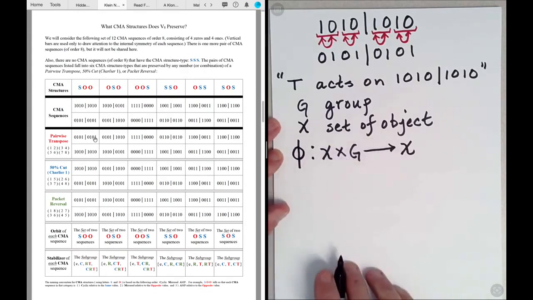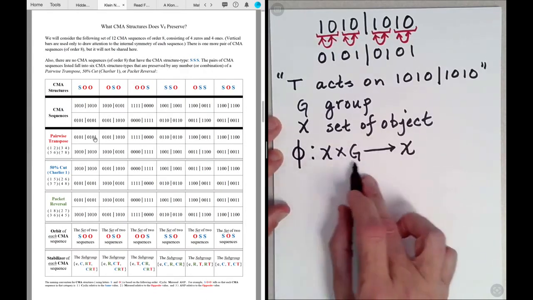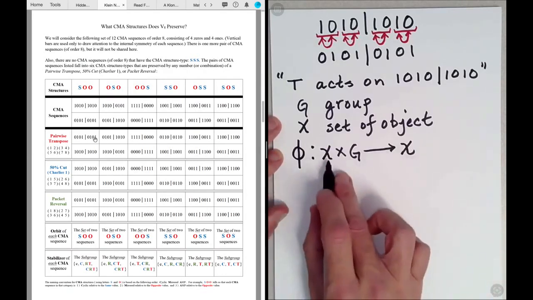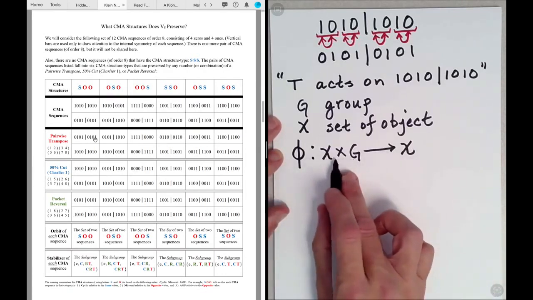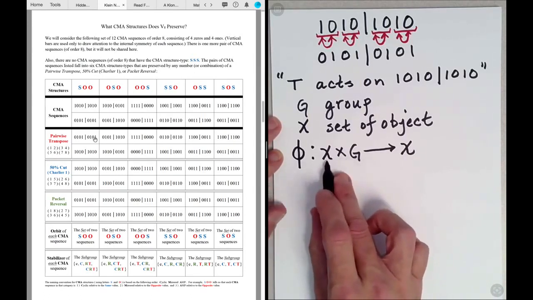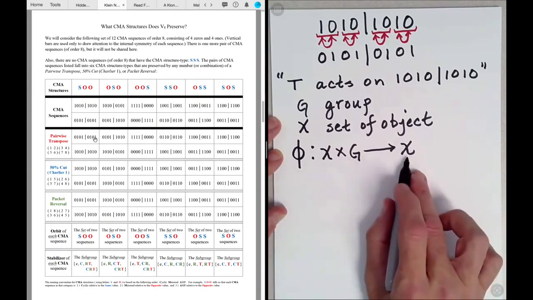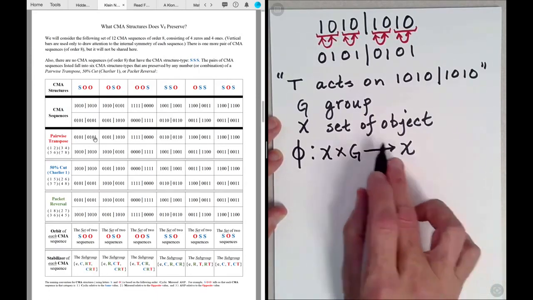So what do we mean by this, or how do we assign pairs? You can think of this as a Cartesian product here, so ordered pairs over here. How do we assign ordered pairs to a single object in the set X?